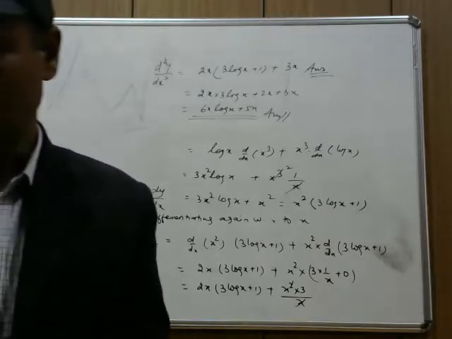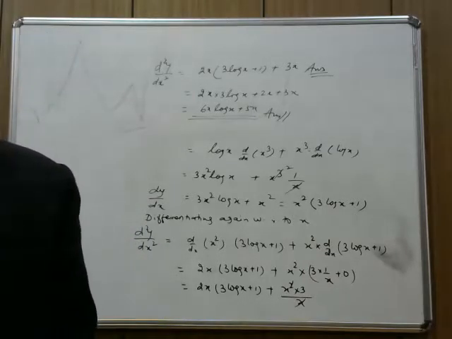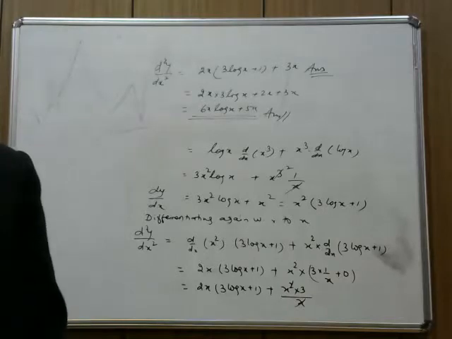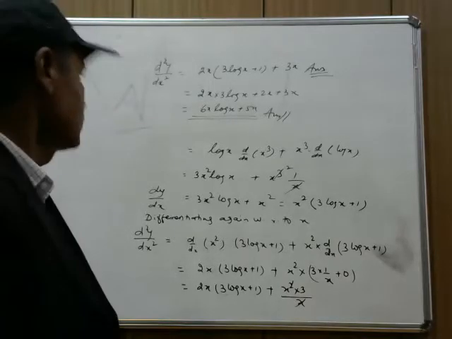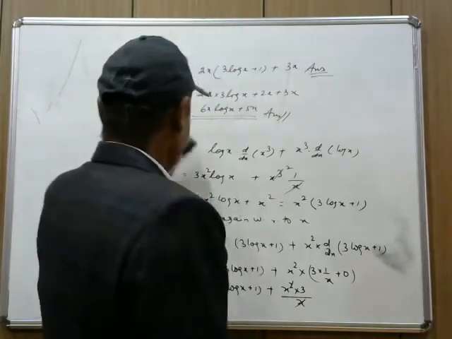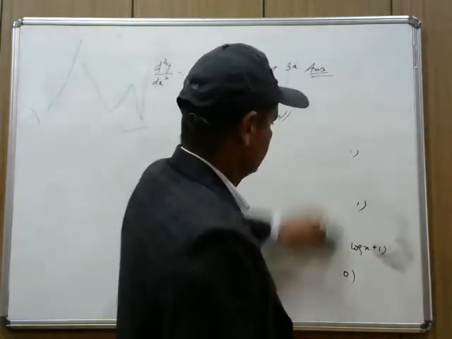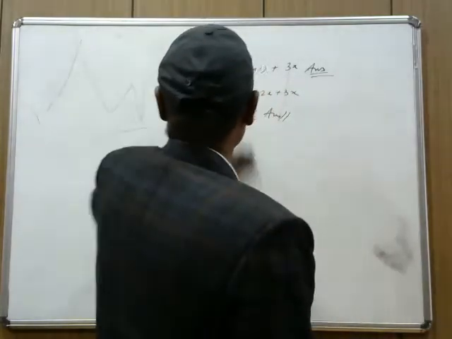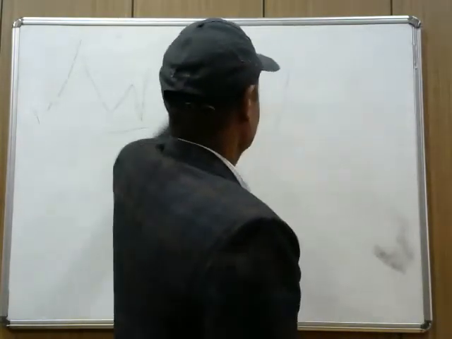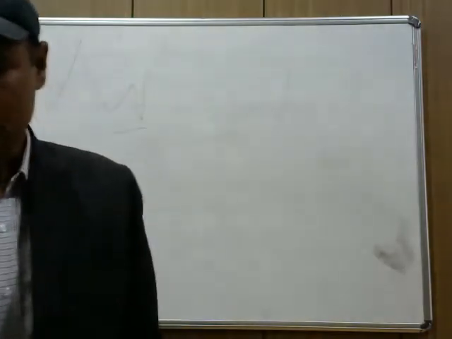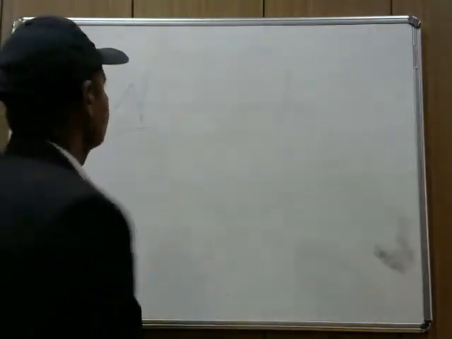Right? Now the next question is e to the power x into sine 5x. Now we'll go for this question. Now we have question number 6, e to the power x sine 5x.